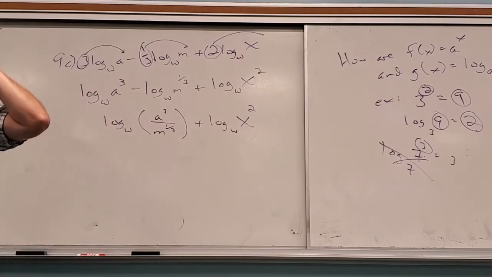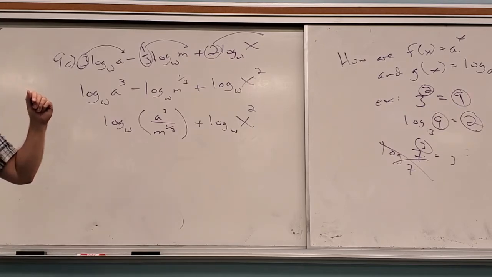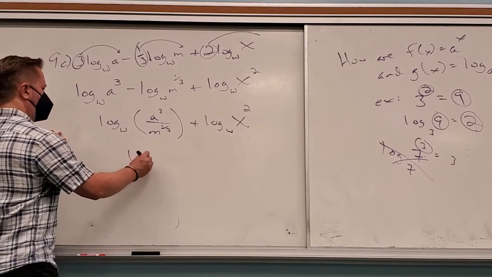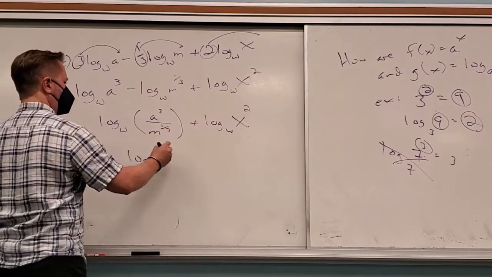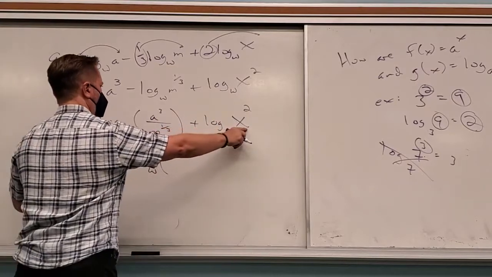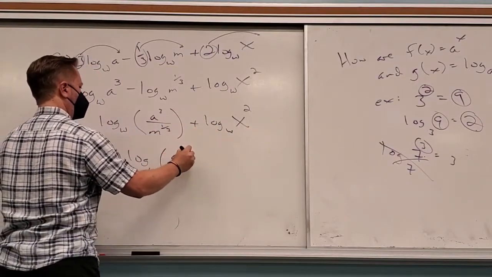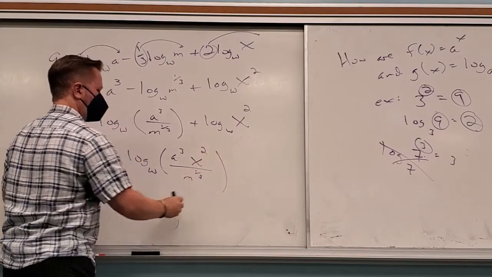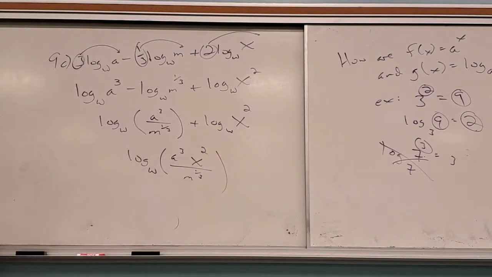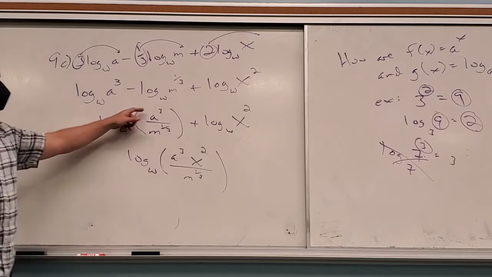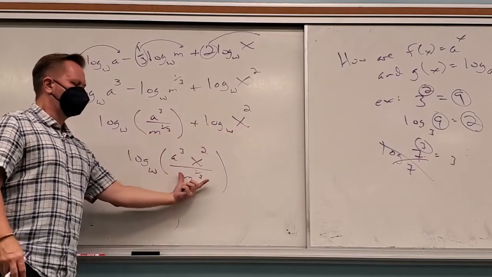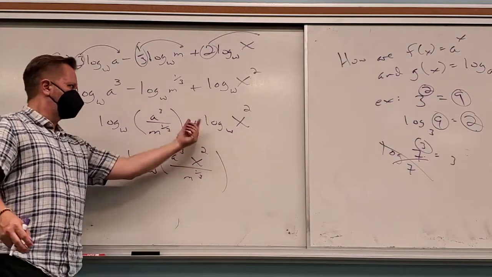No, you can combine these, right? So I'm adding two powers. When do I add two powers? When the things were multiplied. Let me show you. When log of this plus log of this is log of the product, because log of a product becomes the sum of two logs.